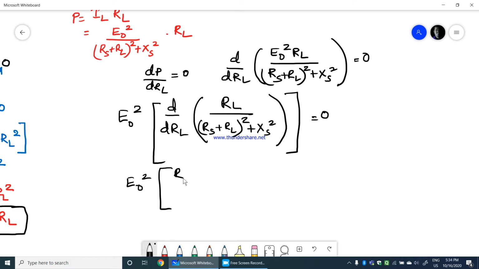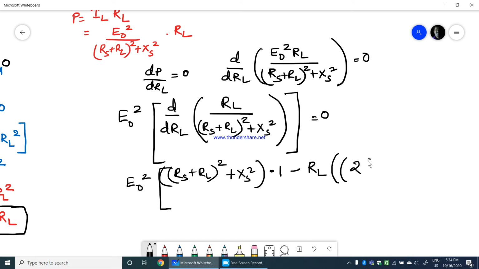Therefore, this would be E naught square into, again, a u by v term. So v into du means it is the denominator, RS plus RL the whole square plus XS square, into 1, because differentiation of RL in terms of RL equals 1, minus RL into 2 times RS plus RL, plus 0.